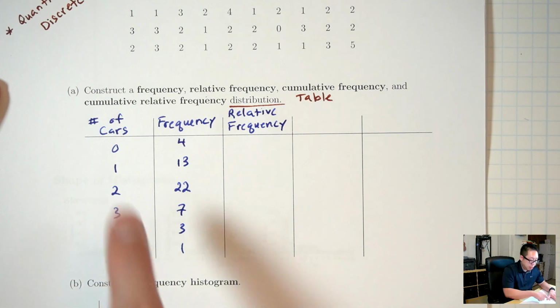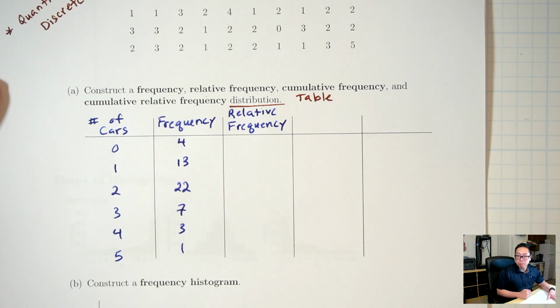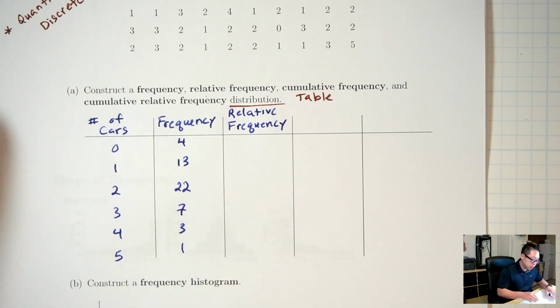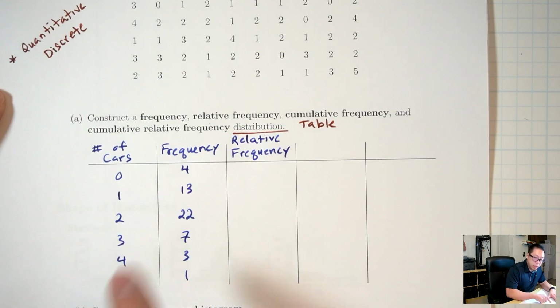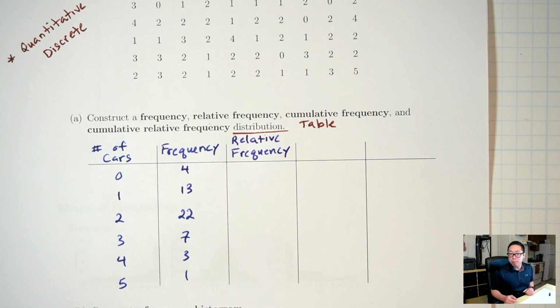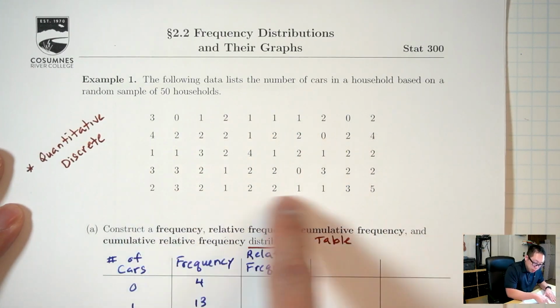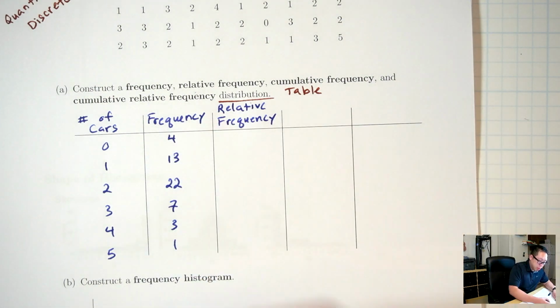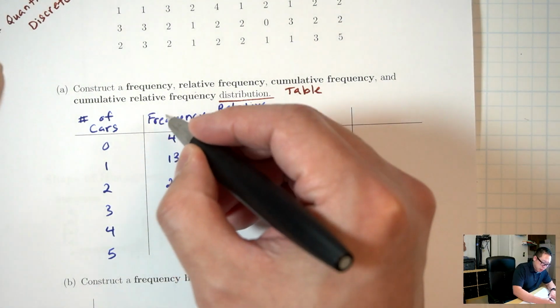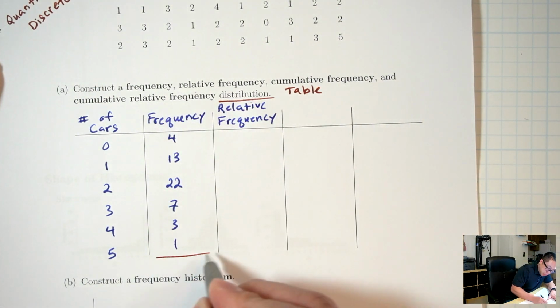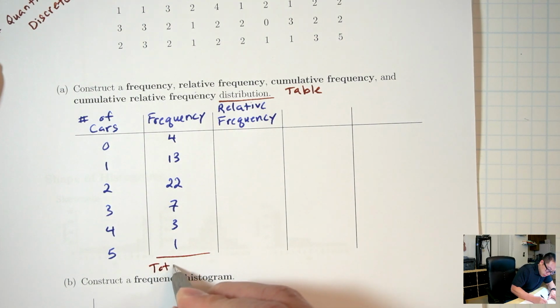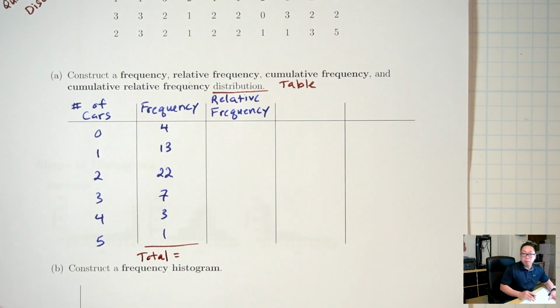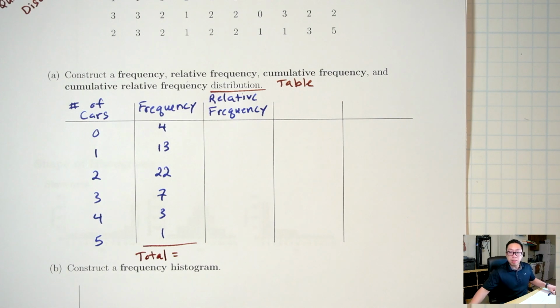So what percent has 0 cars in their household? I'm going to take the 4 and divide it by the total number of people. What's the total number of people? You can count how many data values you have, or another way is to add up all the frequencies. That should tell me how many total people I have in my data.